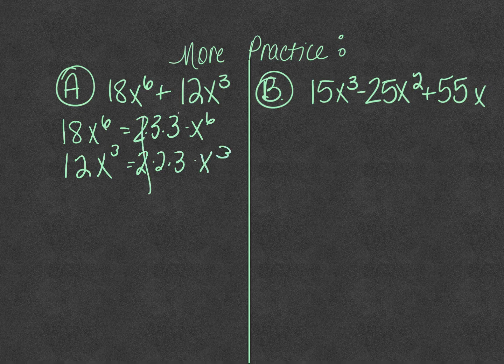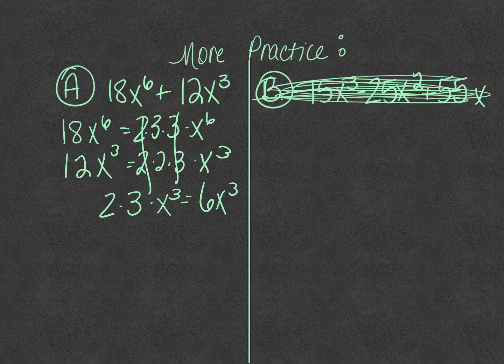So we have a set of 2's and we have a set of 3's. So 2 times 3 times x to the 3rd, which makes it 6x to the 3rd. All right? We're actually not going to do this one because I think that might be on there, but we're definitely going to do this one.